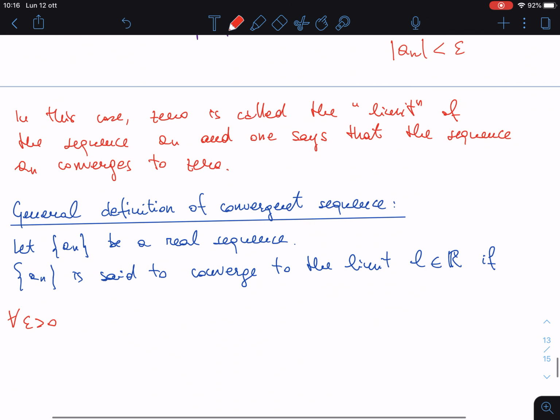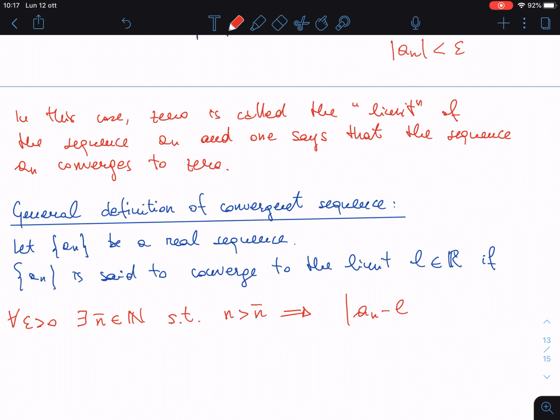So there exists n bar in N, such that whenever n is larger than n bar, then we have that the distance between an and L, so the distance here can be written like that, is less than epsilon.